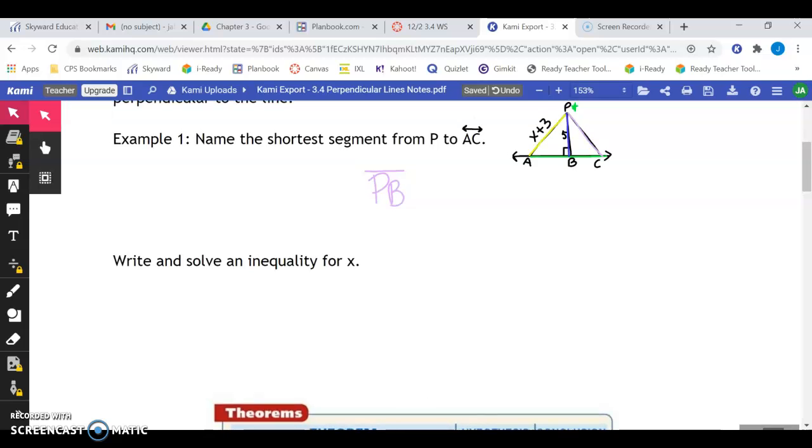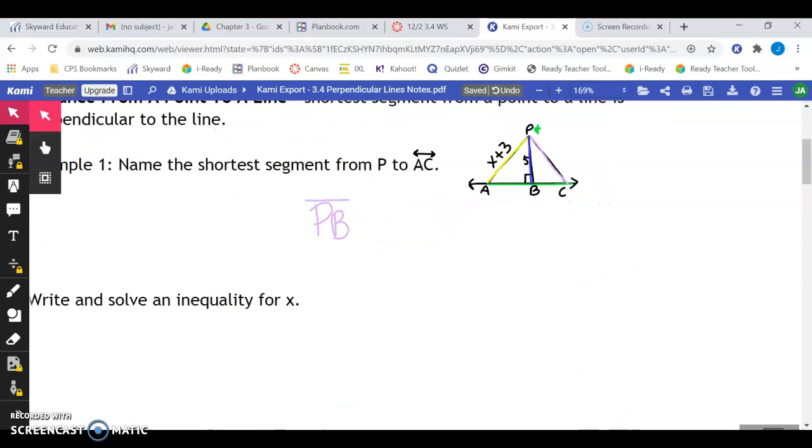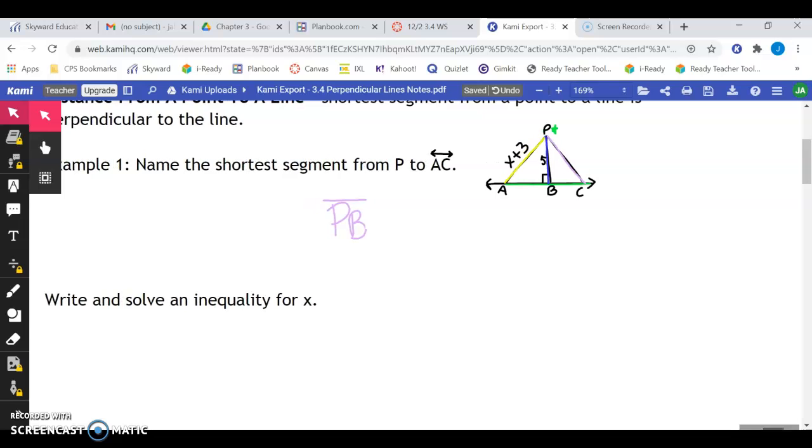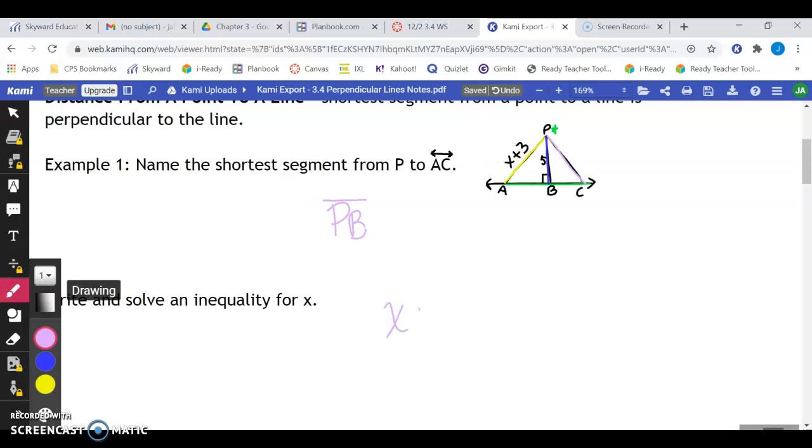Then it says write and solve an inequality for x. So if I look over here, what I do know from the previous example that we talked about is that x plus 3, that yellow segment, is going to be longer than that PB, than that 5, because PB is the shortest distance.